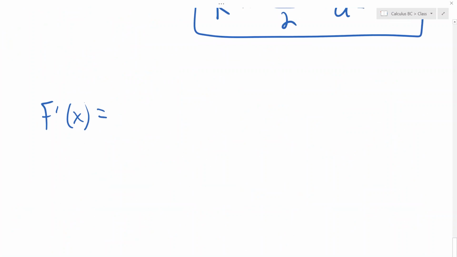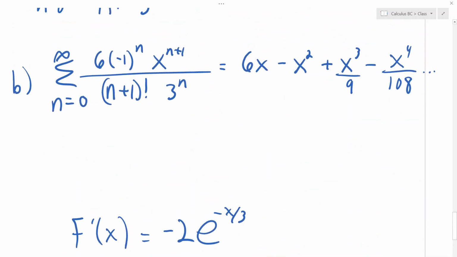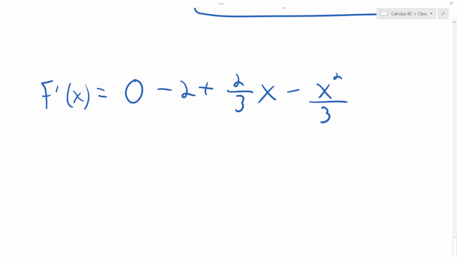Let's write this out: 0, negative 2, plus 2/3 x, and I'll go one more out, minus x squared over 3. Does that make sense? That's f prime. We need the series k f prime of ax. Well, all that does is multiply all these by a k. So this is negative 2k.